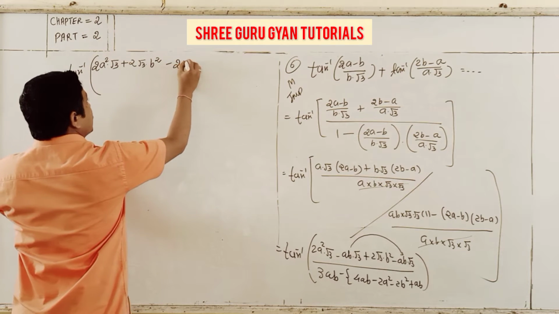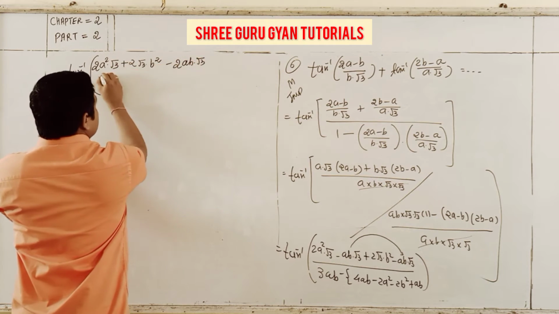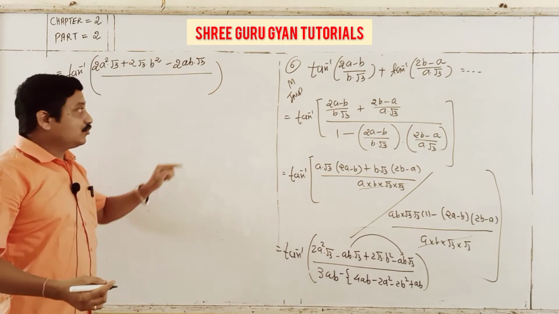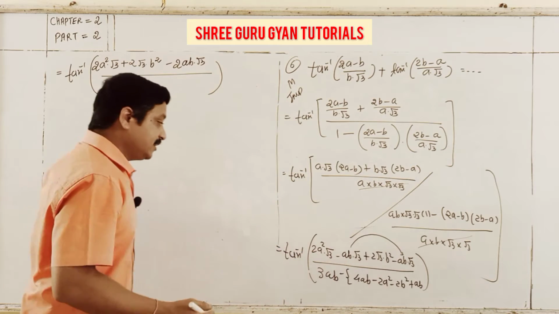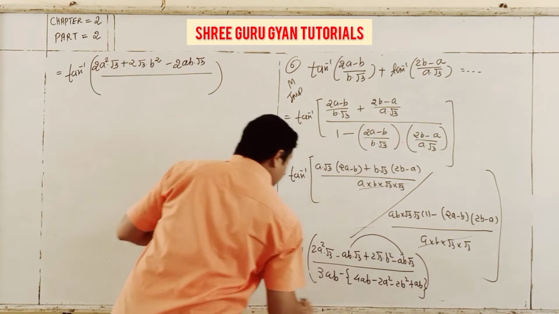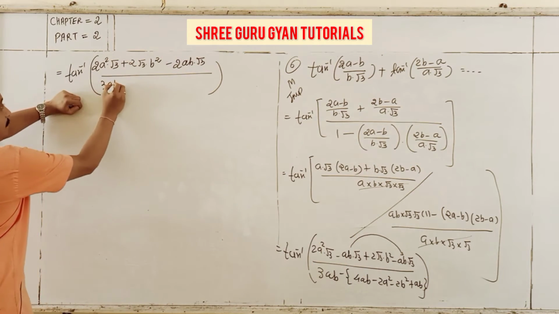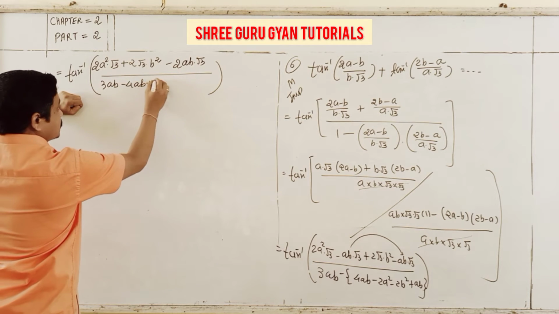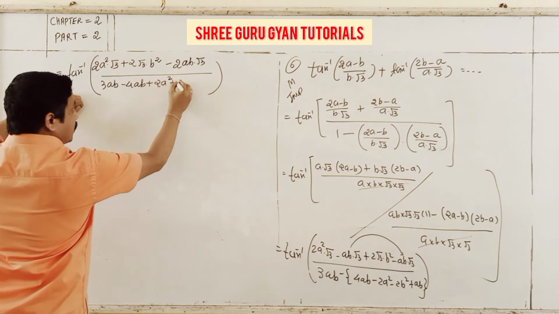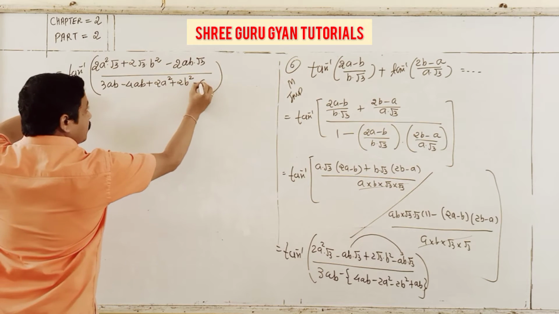So minus 2 times ab root 3, and upon. I hope it is clear. These are the two like terms, and here I expanded the inner brackets. So my answer comes as 3ab minus 4ab plus 2a square plus 2b square minus ab.